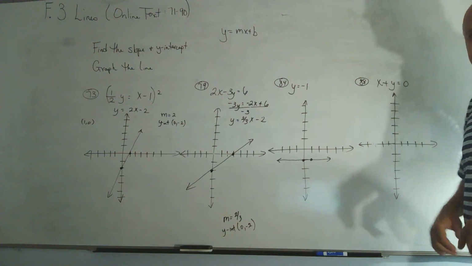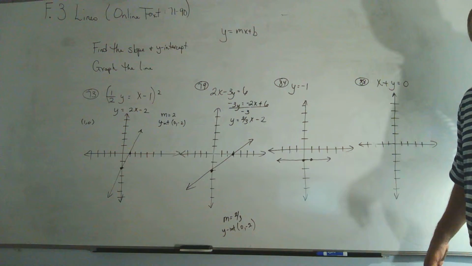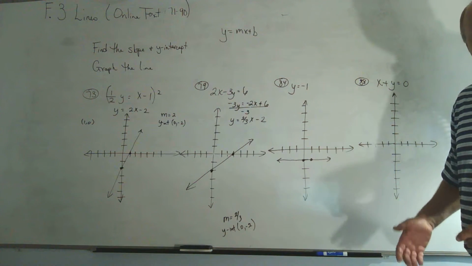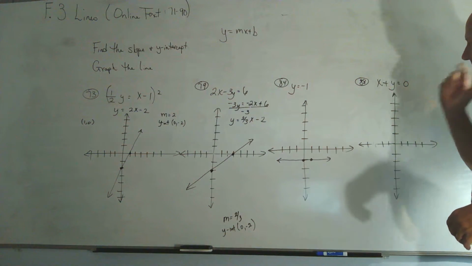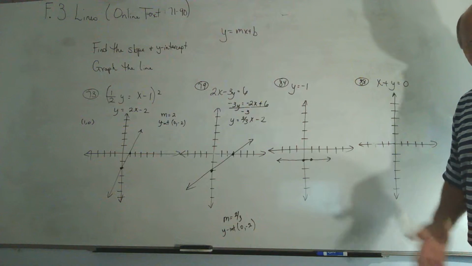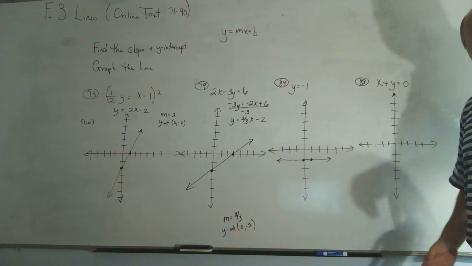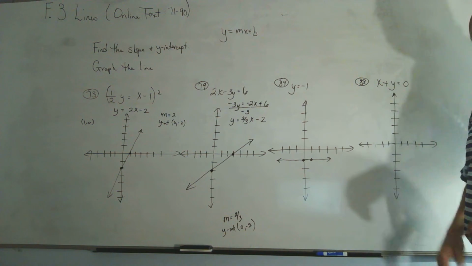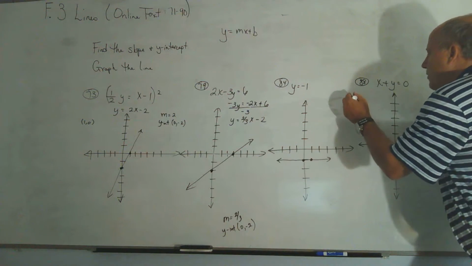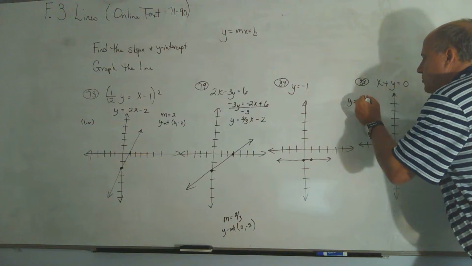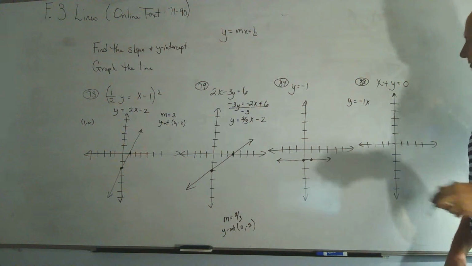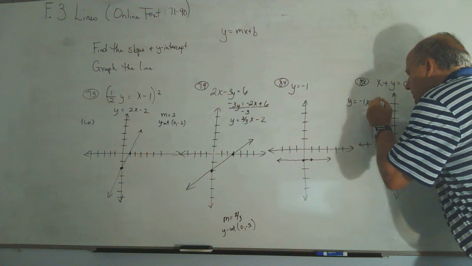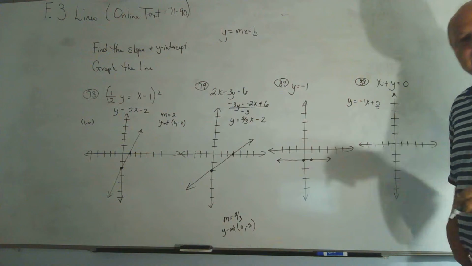Now 88, I put this one on here not because it's really hard, it's because it's highly missed, and it should not be. The reason it's highly missed is because there is no b. People don't see a b on this one, and they think something is wrong. So if you isolate the y, y equals negative 1x. So just subtract the x to the other side. If you really want to put a b there, make it 0 because that's what it is.